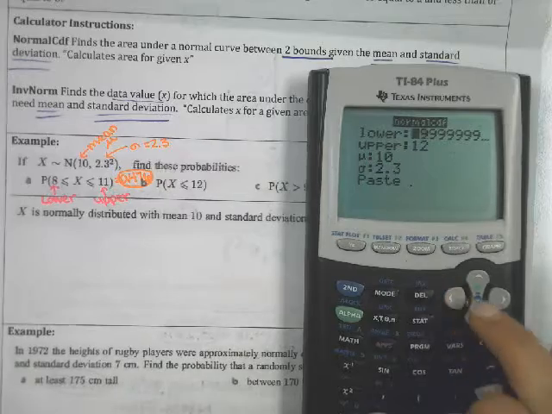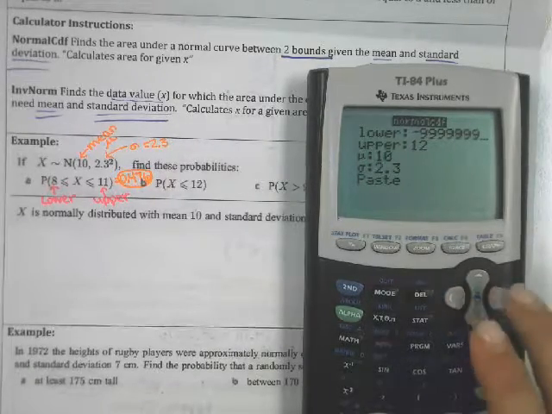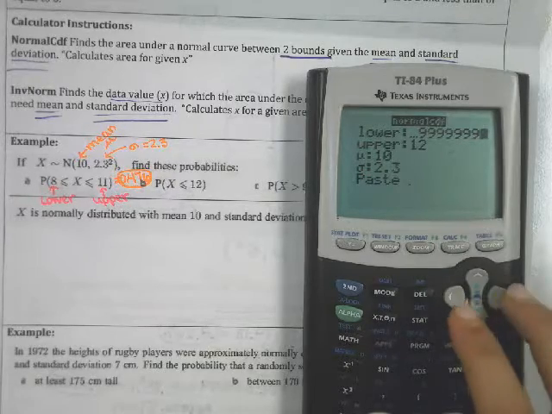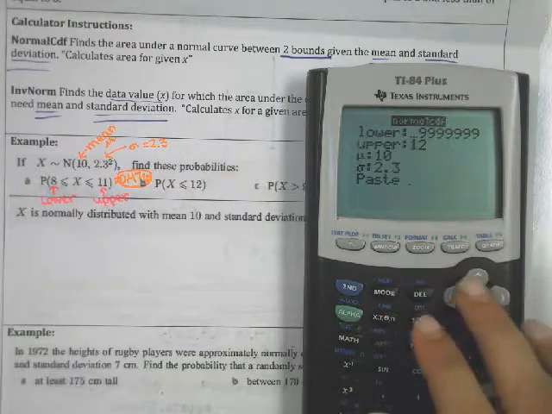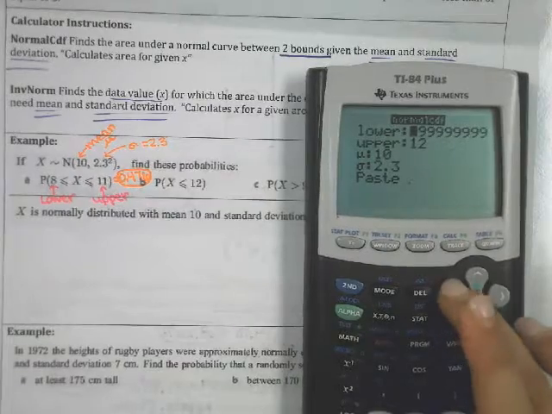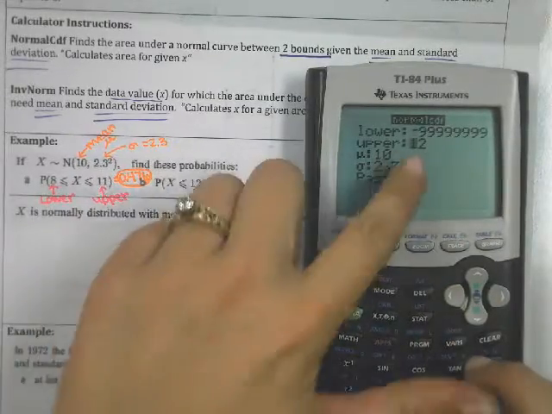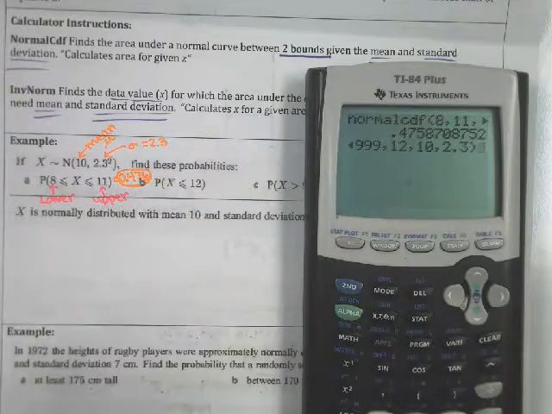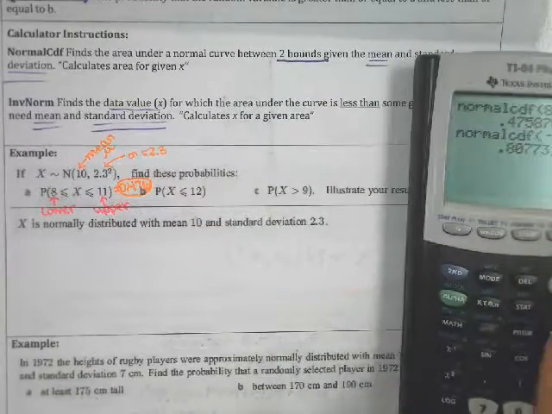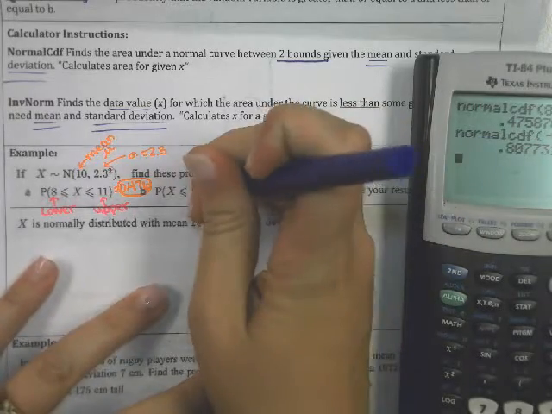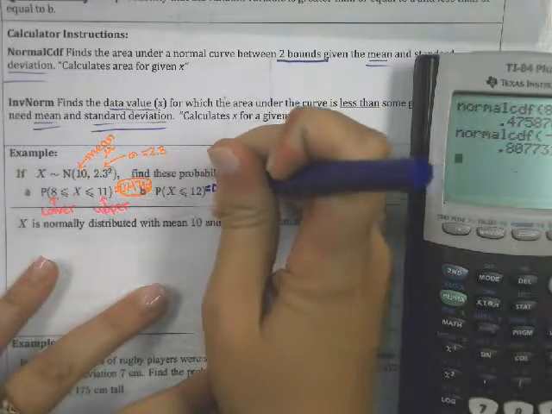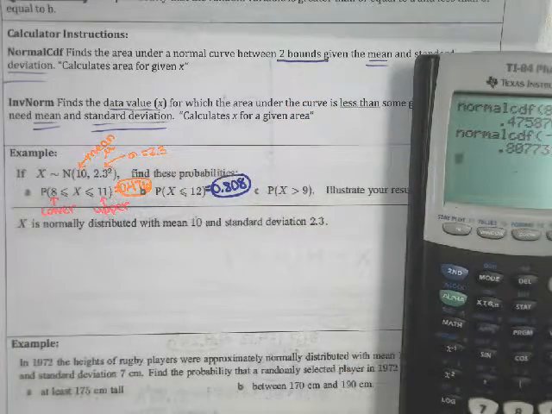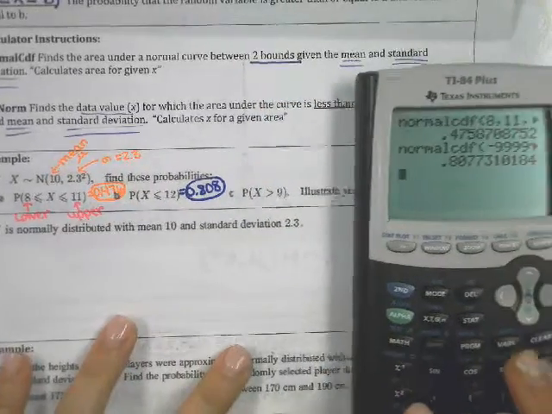I clicked it 13 times. But it needs to be a very small negative number because there is no lower bound. Same mean, same standard deviation. We paste it, and we have a probability of 0.808, so a little over 80% of our data is less than 12.